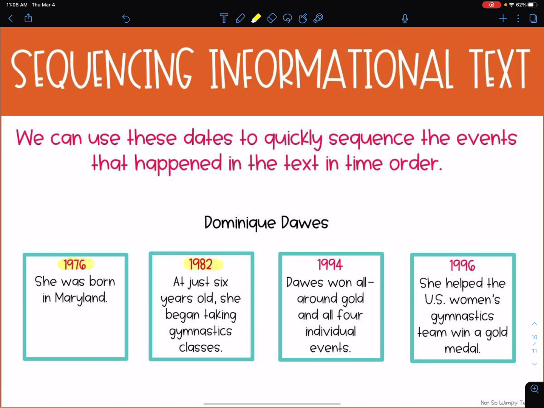In 1982, at 6 years old, she began taking gymnastics classes. In 1994, she won the all-around gold in all 4 individual events. And then in 1996, she helped the women's gymnastics team win a gold medal. So dates, again, can help us put things in order and sequence events.